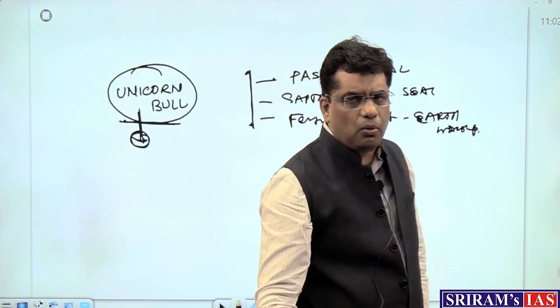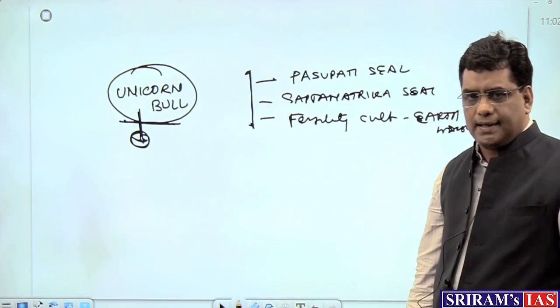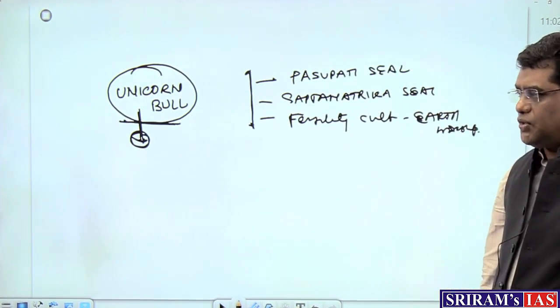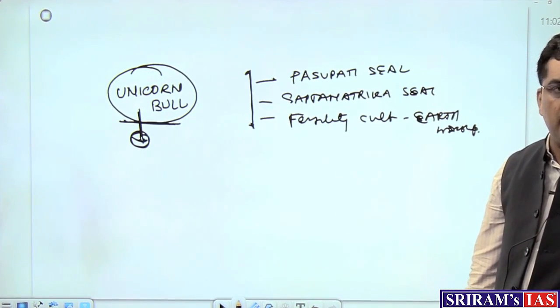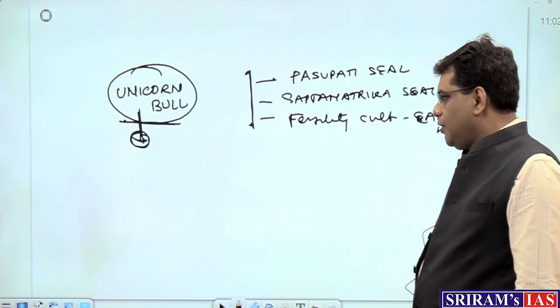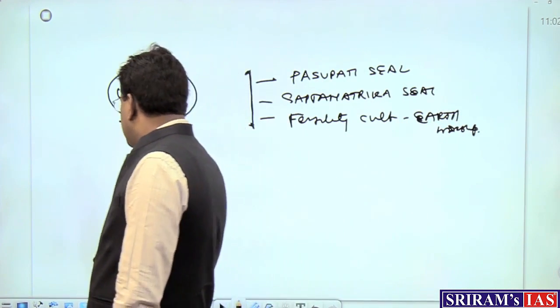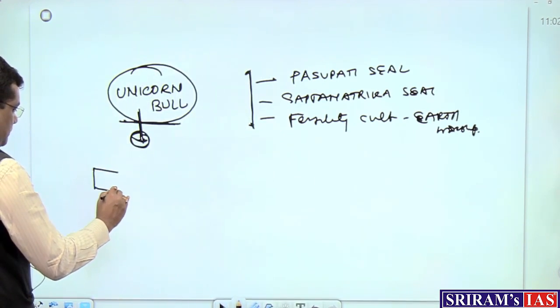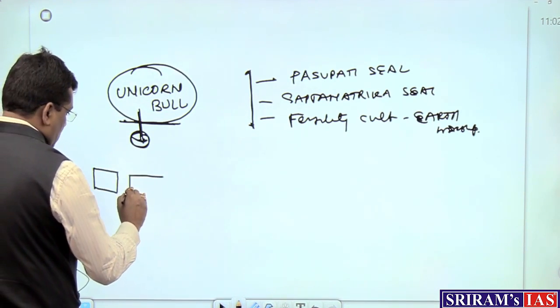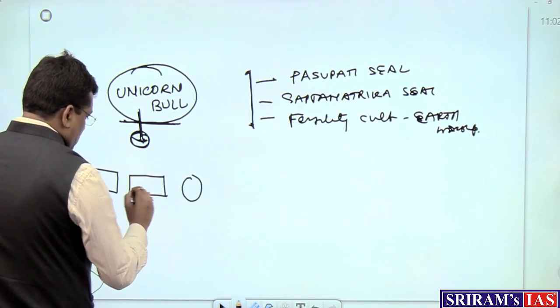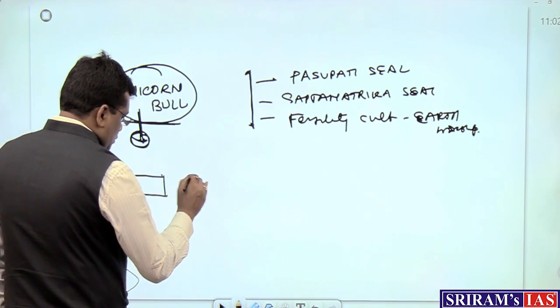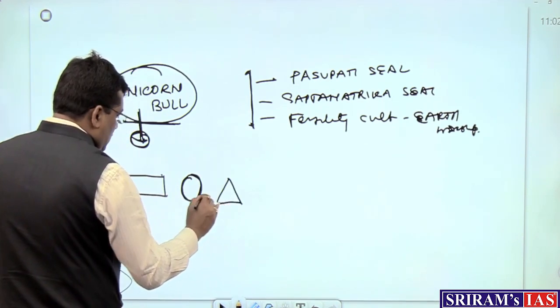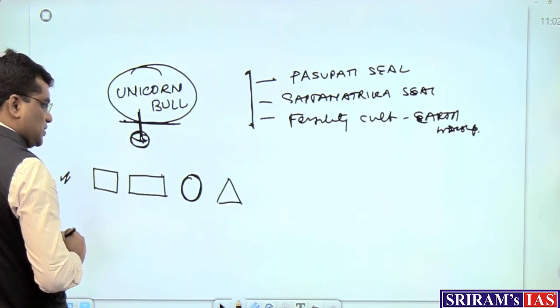It's not like only Harappans were using the seals, but even the Mesopotamians and other civilizations were very good in using the seals. For example, Harappan seals are mostly square, rectangular, and then we have circular, triangular. These are the designs of the seals of the Harappans.